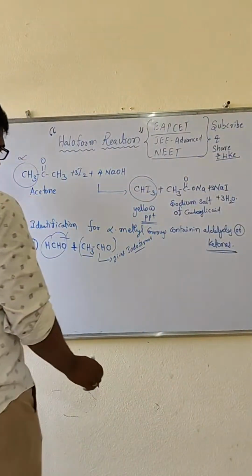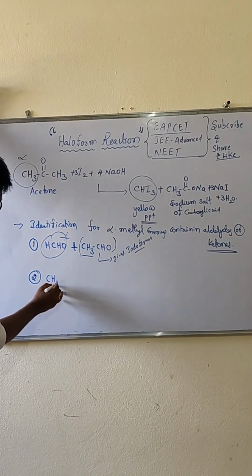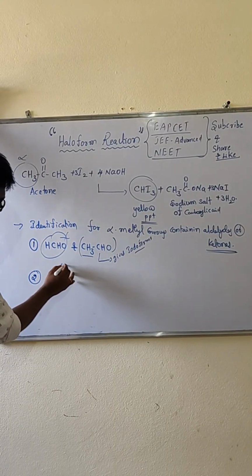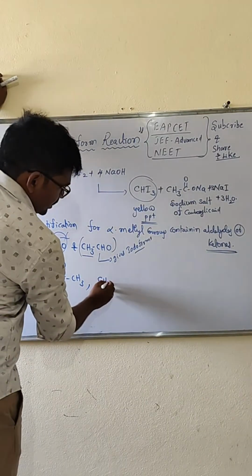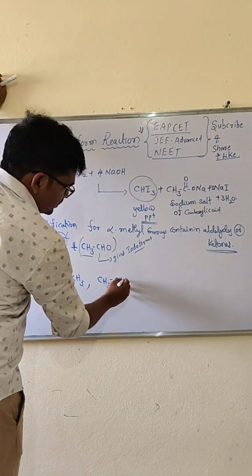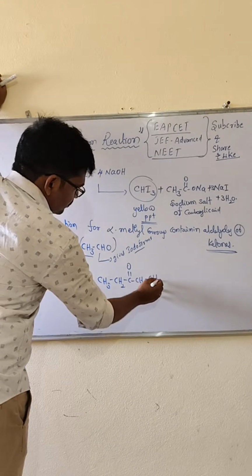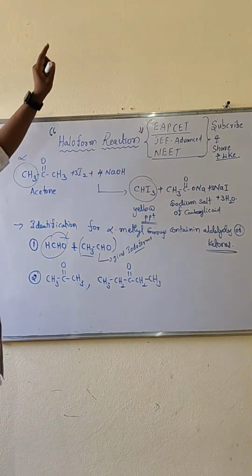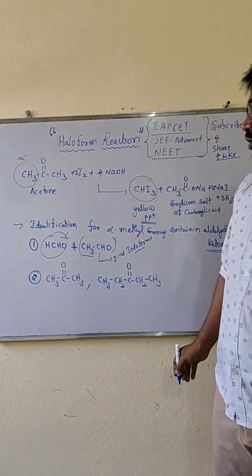Then the second one: CH3, C double bond O, CH3, a ketone, and CH3, CH2, C double bond O, CH2, CH3. Look, both are ketones only. One is propanone, the other is pentanone, 2 pentanone we call.